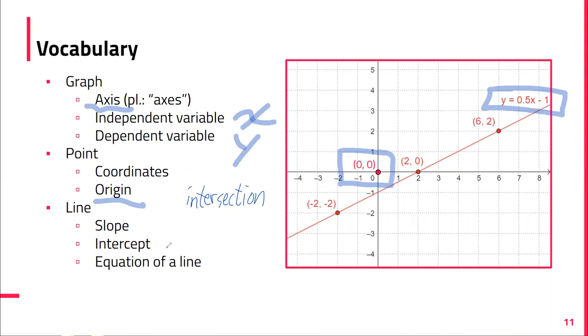Okay, you have part of it. You want to add the details? Intersection is when two equations of a line cross, intercept is when a line crosses an axis.